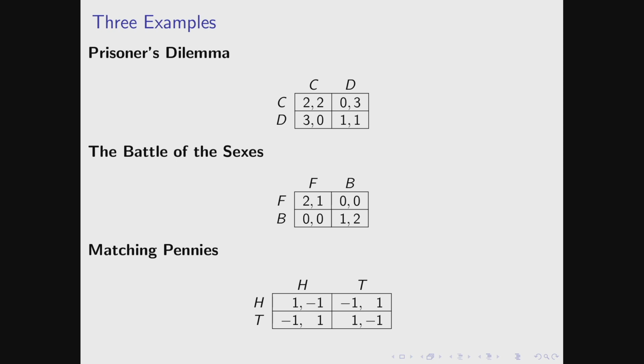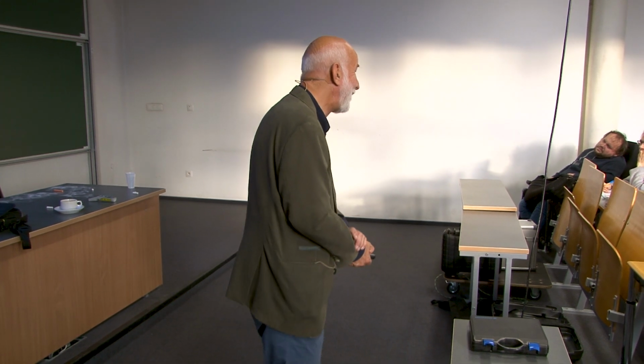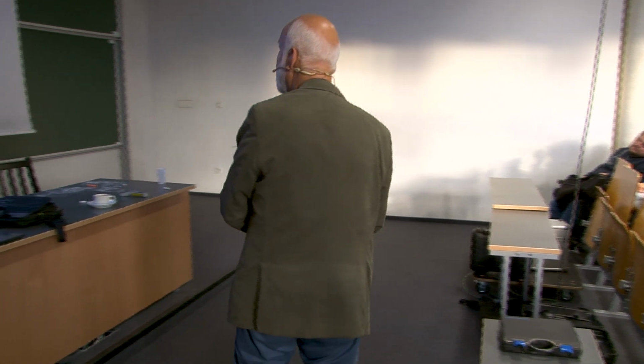Sorry, I asked her. You know these things by heart. So the question is, with this explanation that F stands for boxing fight and B for ballet, which of these players do you think would correspond to a woman? Who is the woman? The row or the column? The column.